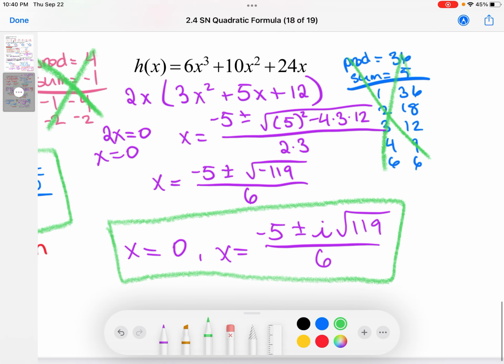And x equals negative 5 plus or minus i square root 119 all over 6 is 2 more solutions. So this is one real and 2 imaginary solutions.